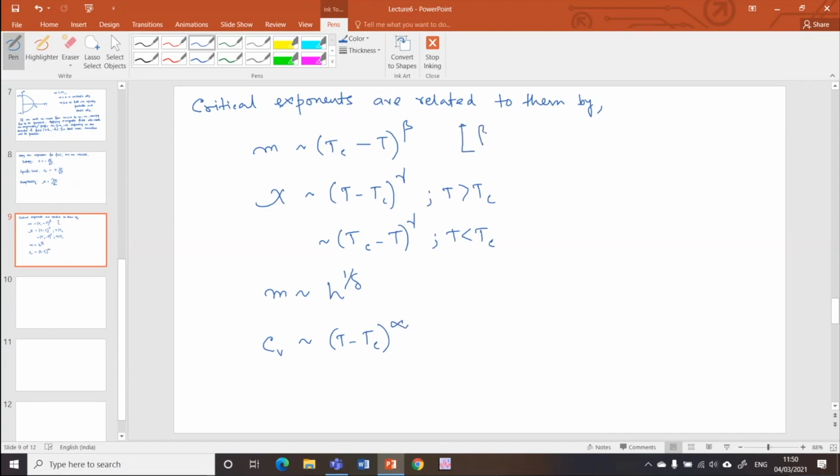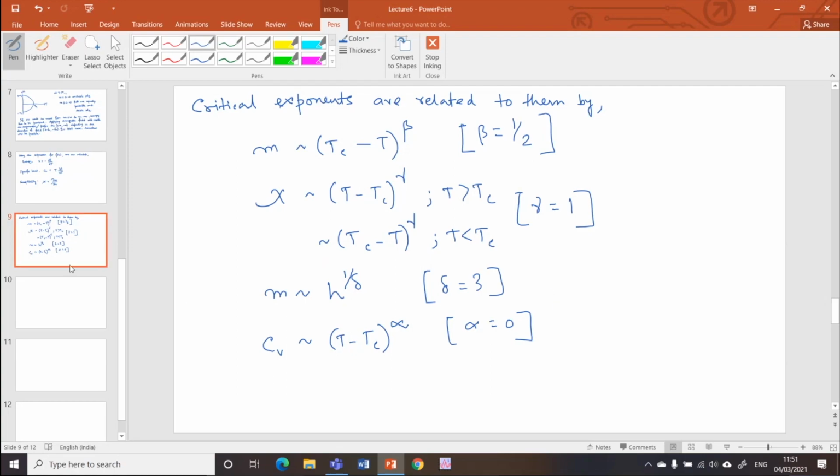Now we know beta is half here, gamma will be 1, delta will be 3, and alpha is 0. All these values are taken from the Weiss model.